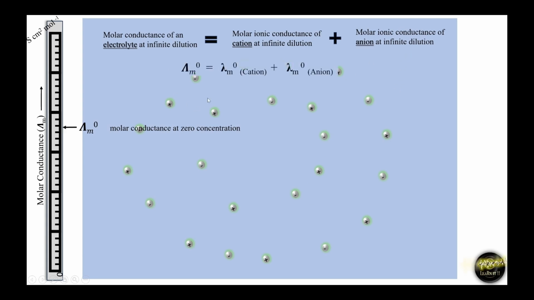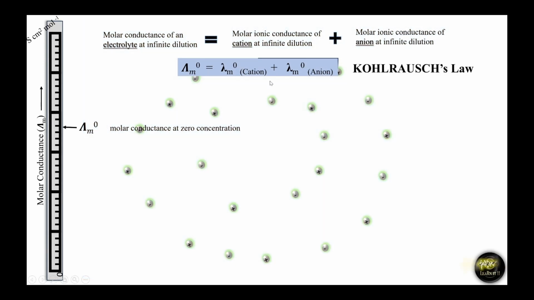Which is given by the expression lambda naught m, that is the molar conductance at infinite dilution of an electrolyte, is equal to the molar ionic conductance of cation at 0 concentration or infinite dilution plus the molar ionic conductance of anion at 0 concentration or infinite dilution. This is called Kohlrausch law.